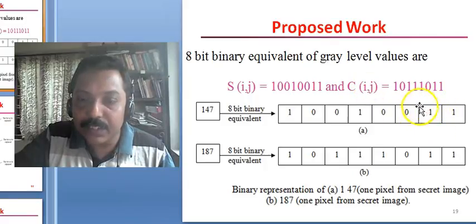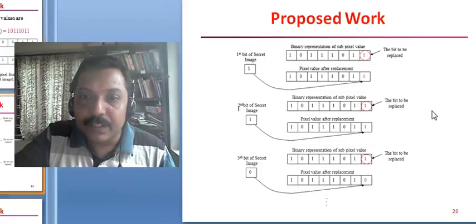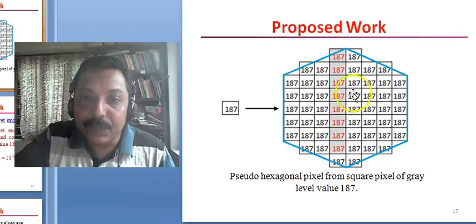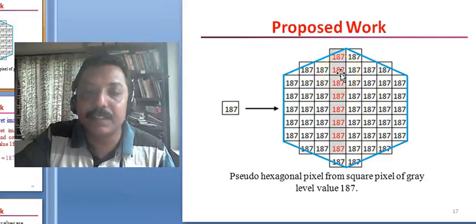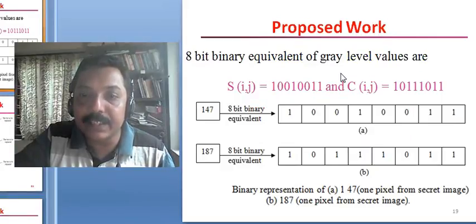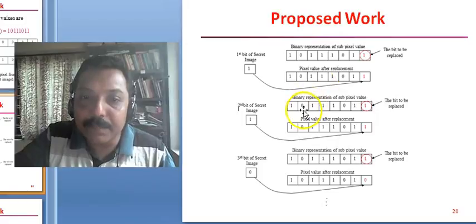Again, coming to the second bit: the second bit of the secret pixel is again 1, and it is hidden in the second subpixel. So we take the second subpixel, which also has the same value 187.